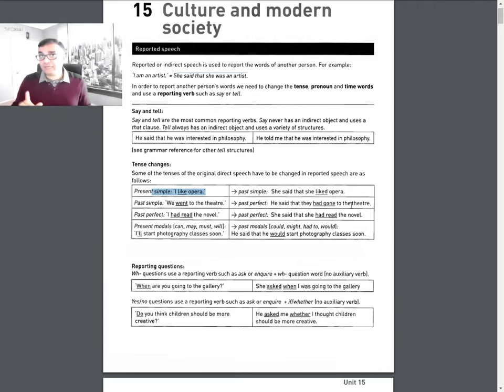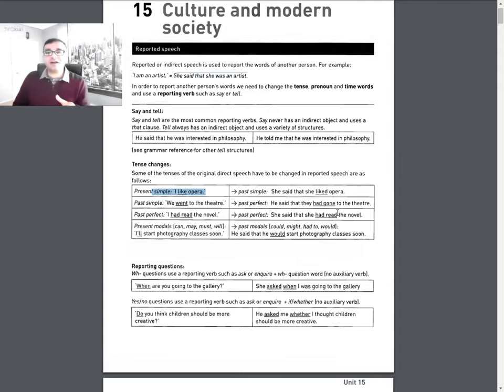Remember, there is a technical point here in this grammar, in the modal verbs especially. When we talk about present modals, like may, can, must, will, all the time, he said that he will start the lesson soon. But there is no specific time here. Remember this. There is no point in specifying the time because you already reported the situation.